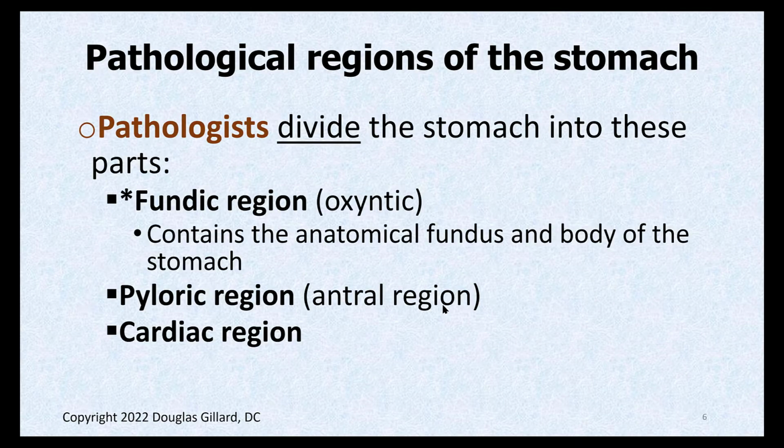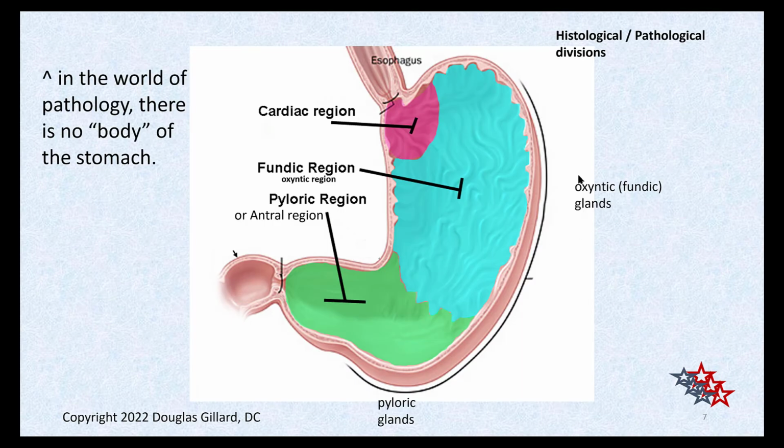Now, pathologists don't recognize a fundus, they don't recognize a body, they don't recognize a pyloric canal. In their eyes, there's 3 regions based on the glands that live in these regions. There's the cardiac region here in pink.